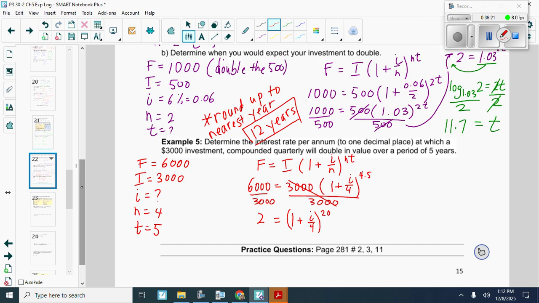So how do we get rid of this exponent of 20? How do we undo an exponent of 20? You're close in thinking that. Remember, we do the reciprocal of the amount so that when we multiply our exponents, 20 divided by 20 gives us our 1.